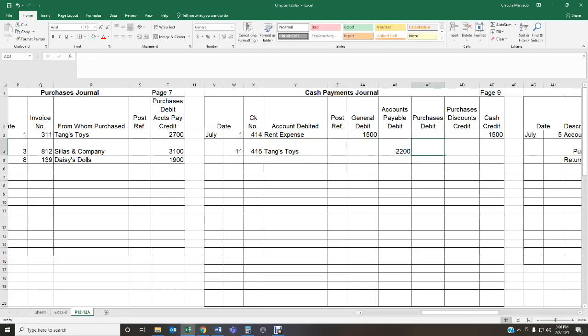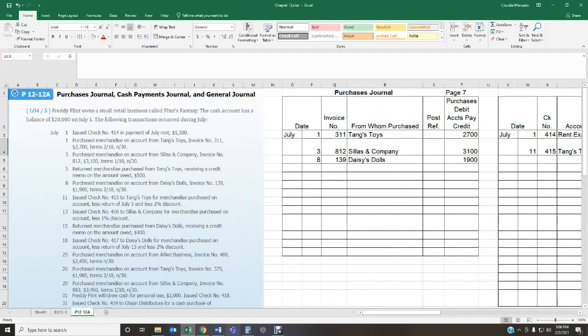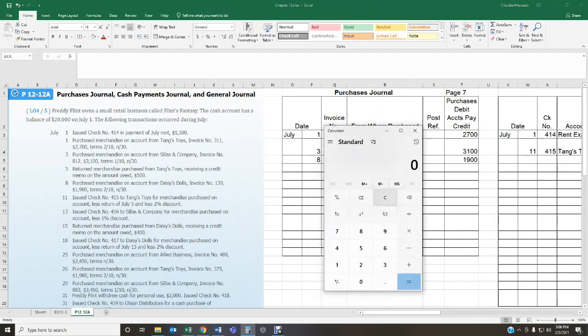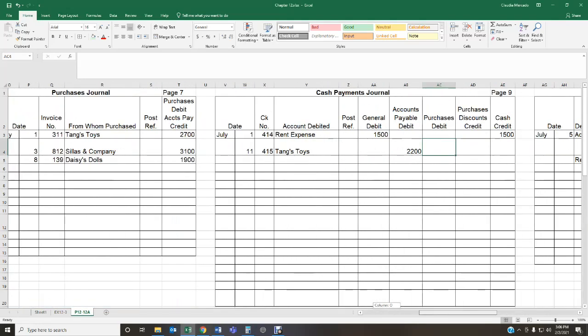How did I get $2,200? Well, let me go back. Maybe I'm going too fast here. I know that on the first I had purchased $2,700, and then on the 5th I returned $500. So I owe $2,200.